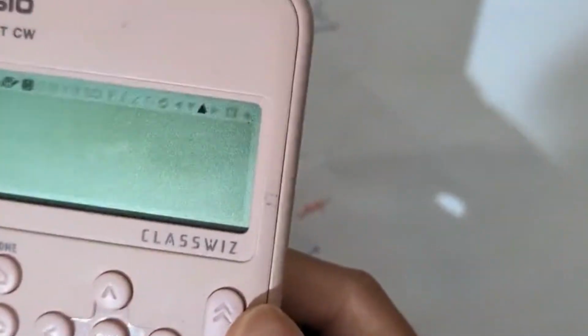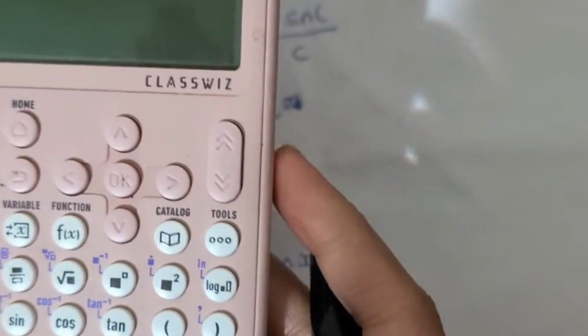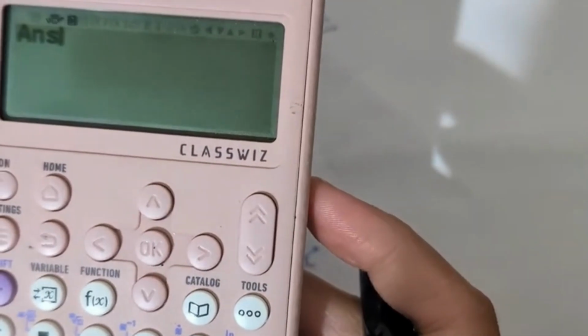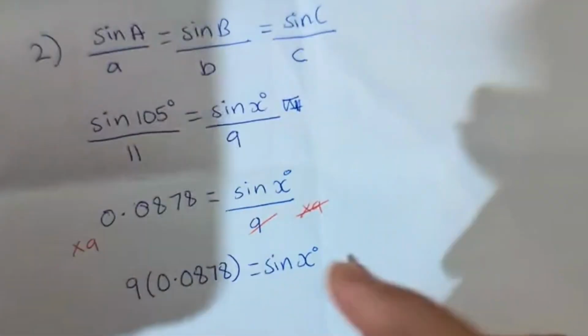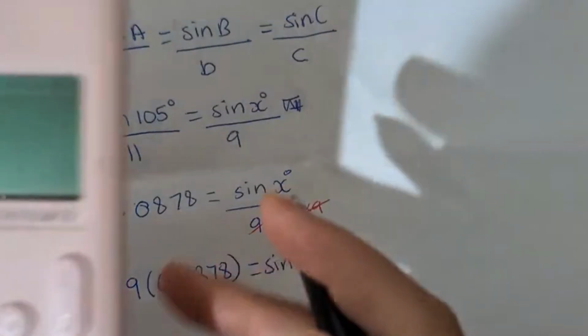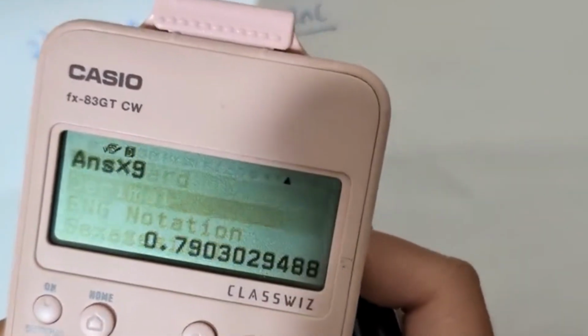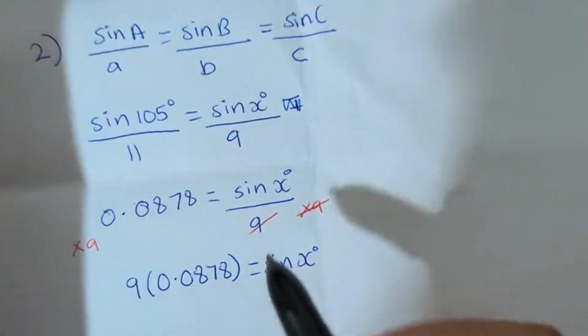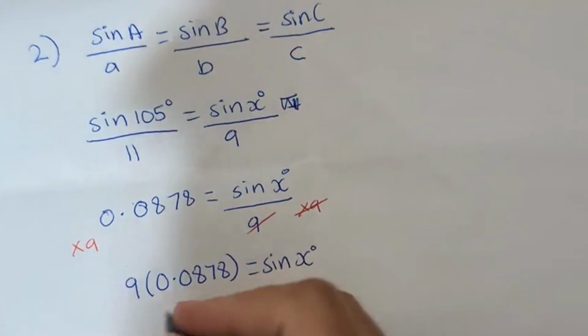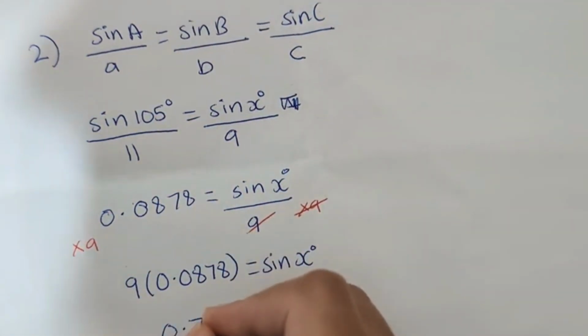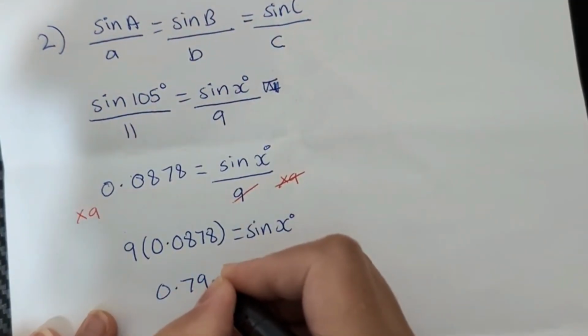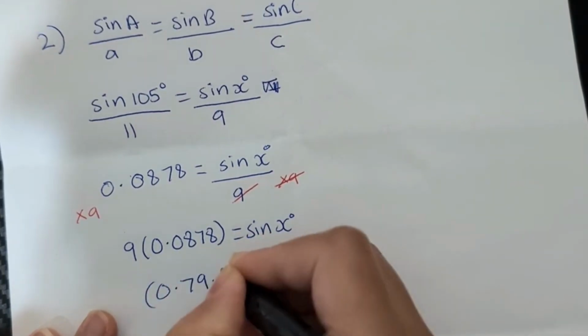So let's go, luckily we've got the answer button, so I can just go ahead and use that. Answer times by 9, okay, is going to be format decimal this, and then again, I'm not going to get rid of that, I'll just note that it's 0.79 for now, dot dot dot.